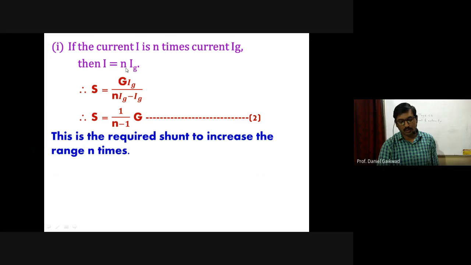That factor n we have taken here. In that case, we solve equation 1: S is equal to G into Ig, and here we replace I as n times Ig, so Ig minus Ig cancels. S is equal to 1 upon n minus 1, into G. That is equation number two. This is the required shunt to increase the range n times.